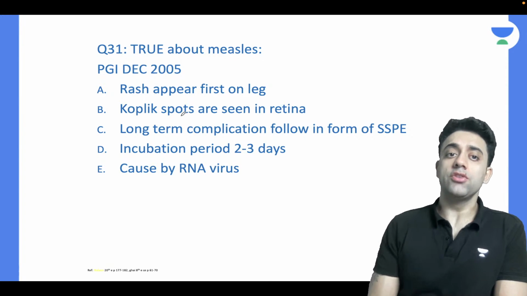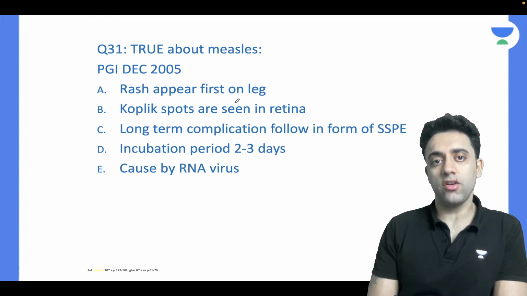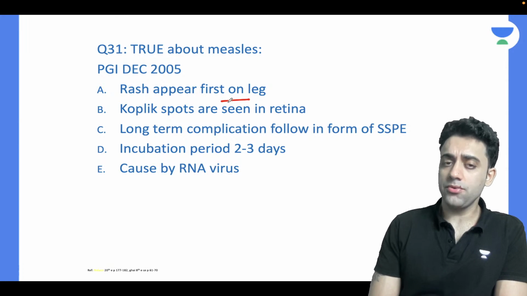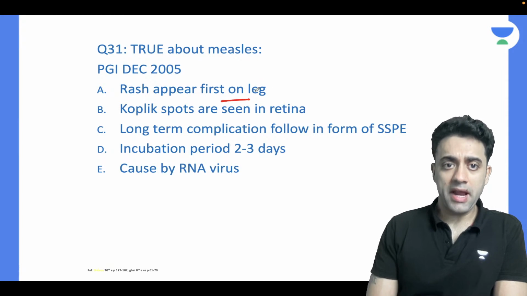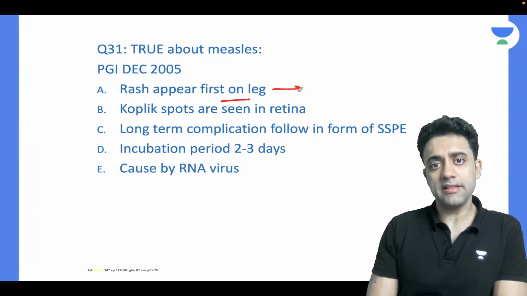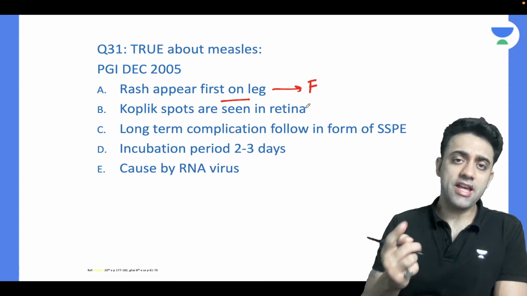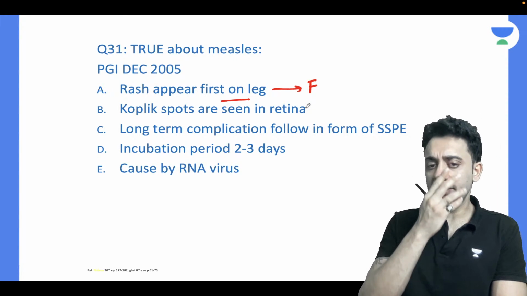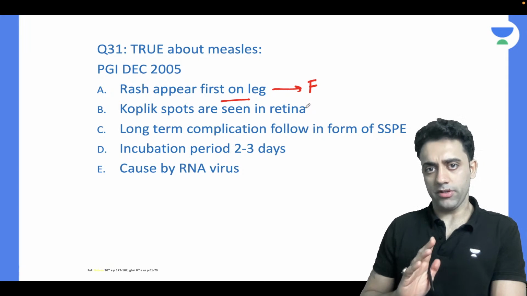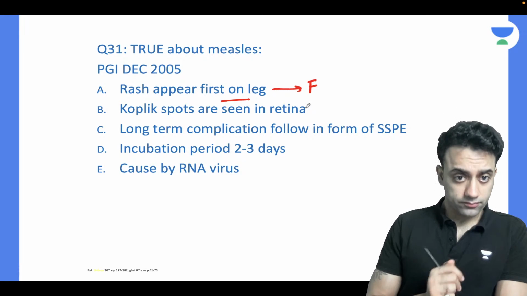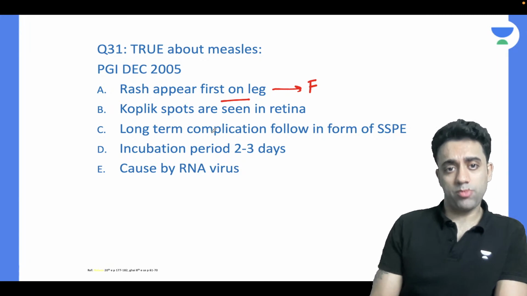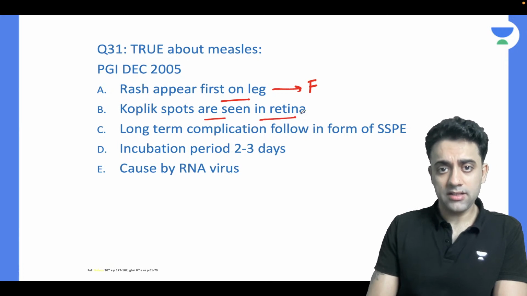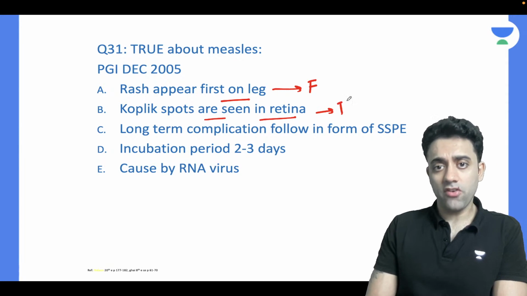Very good, Umesh. So, rash appearing first on the leg: is this line true or false? This line is false, because I remember the rash in measles starts behind the ear, then the face, then the trunk, then the abdomen. Next one: Koplik spots are seen in the retina. This line also is false.